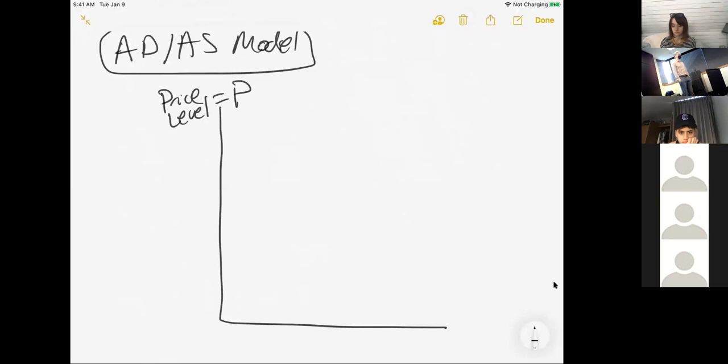Notice this is not the price of a single good, this is the price level. And real GDP down here. I should be clear here, this is real GDP, not just GDP, real GDP.